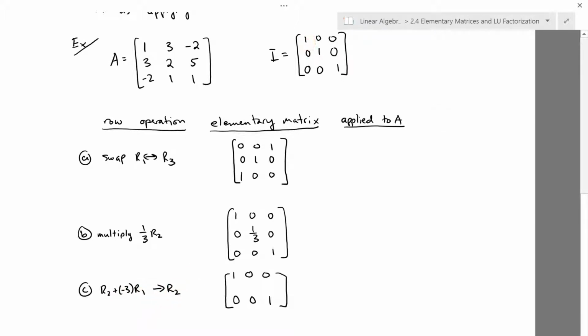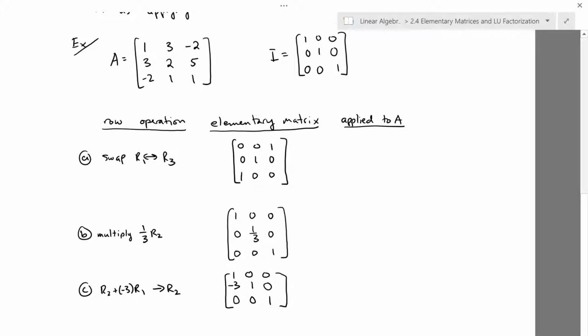So -3 times row 1 is a -3 in this entry, and I'm adding it to row 2, so this entry becomes -3. This will be 0 plus 1, which is 1, and this would be 0 plus 0, which is 0. Okay, so this is the elementary matrix for this row operation.